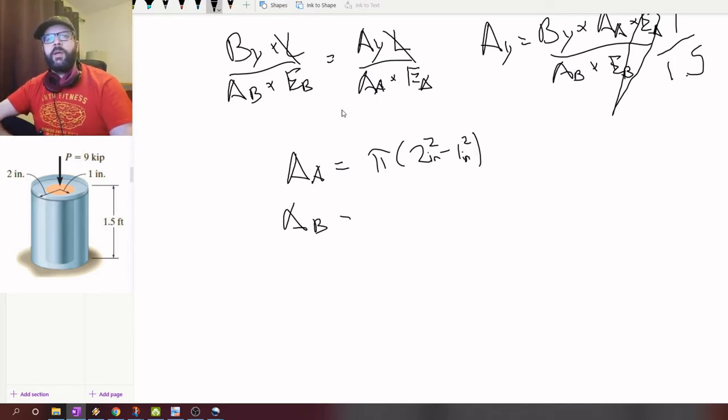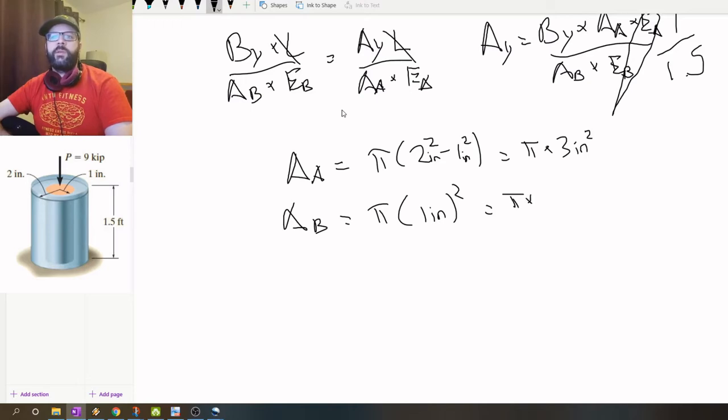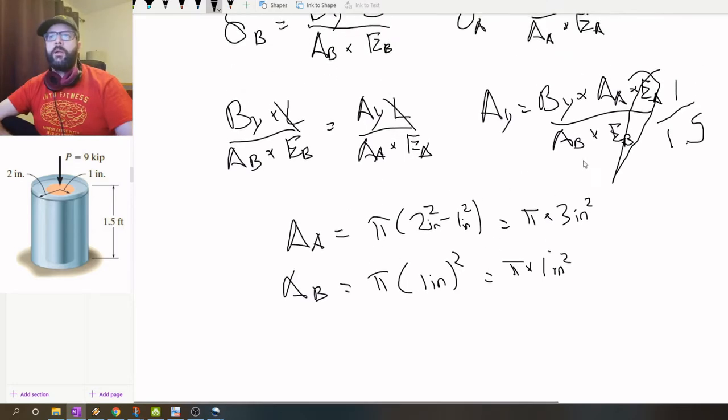Area for the brass is just pi times 1 inch squared. So that's pi times 3 inches squared over pi times 1 inch squared, which means this ratio here ends up being 3.